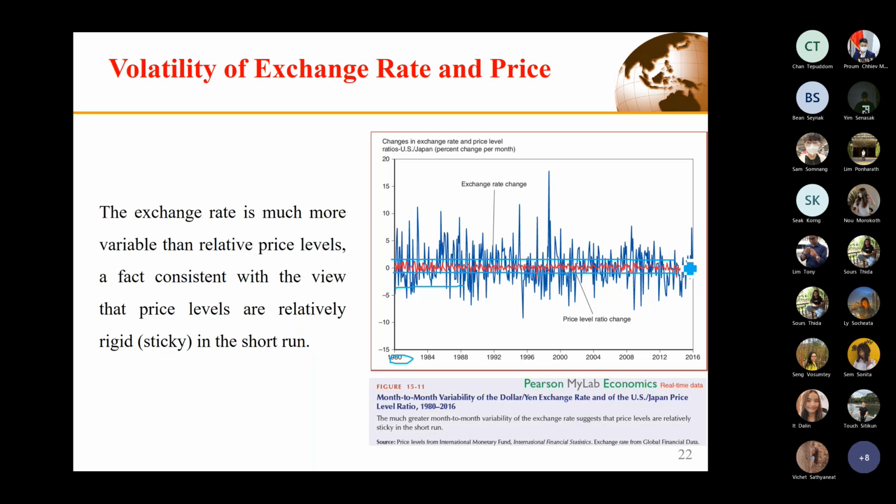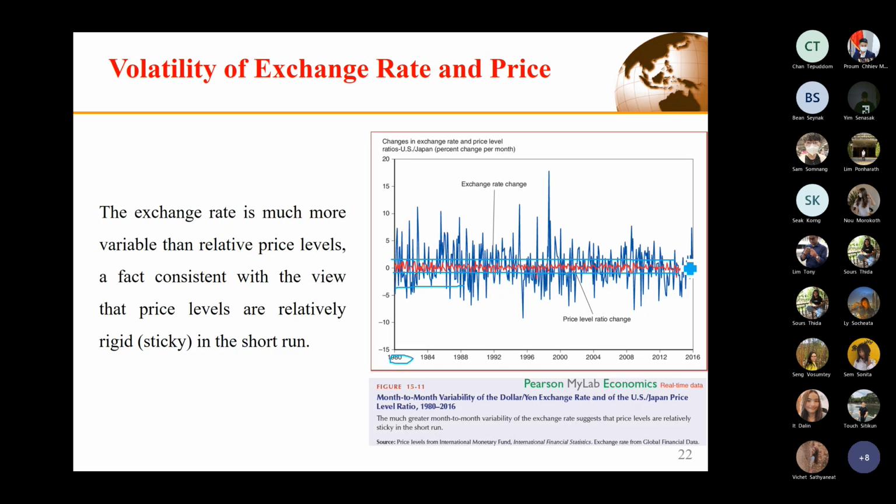And the blue line is the fluctuation in the exchange rate. When we plot these together, what we can learn is that prices do change, but the percentage change, the volatility of prices, is less than the change in the exchange rate.